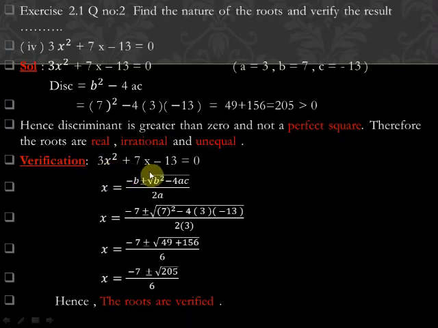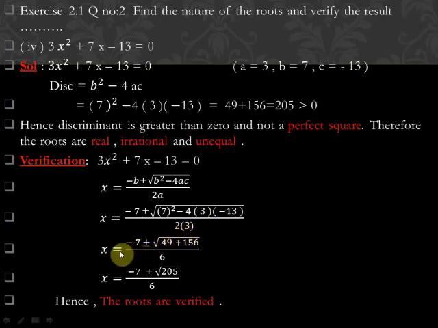3x square plus 7x minus 13 is equal to 0, the given standard quadratic equation. By using the quadratic formula, substitute the values of constants a, b, c in the quadratic formula. We will get x is equal to minus 7 plus minus under root 7 square minus 4 into 3 into minus 13 over 2 into 3.